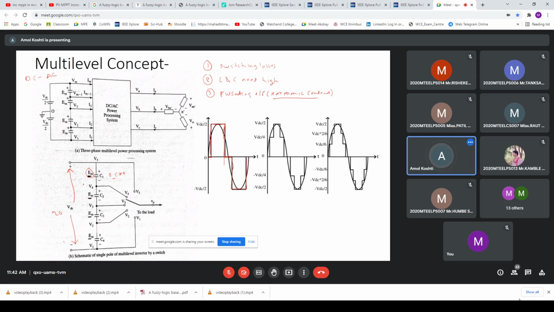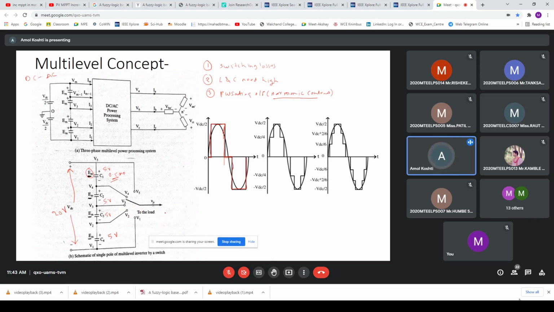As I told you, our input voltage is 20 volts and suppose four capacitors are there. So 5 volts comes across C4, 5 volts across C3, 5 volts across C2, and 5 volts across C1. This equal voltage division is possible because of the same value of the capacitors.